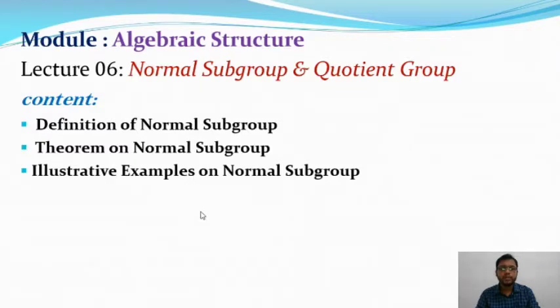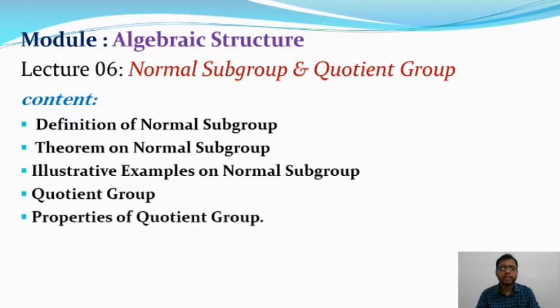After that we will talk about the quotient group, then we will study the properties of the quotient group as well, and some related examples we will discuss in this lecture.